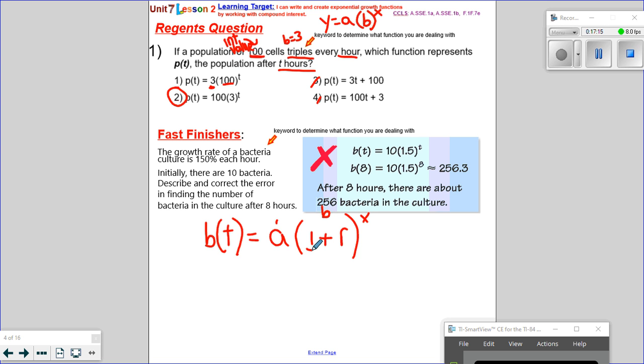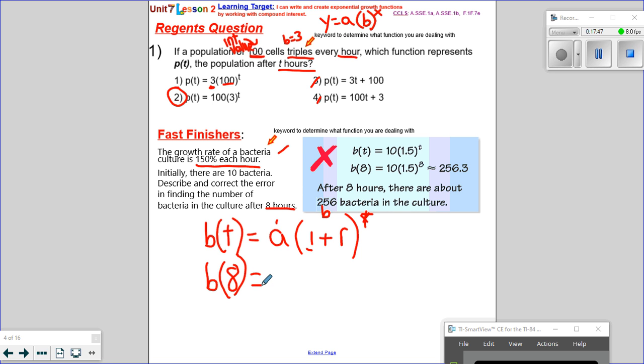So when it says the growth rate of the bacteria culture is 150% each hour, initially there's 10. So you start and you're going, all right, initially there's 10. So b to the t. You're going to put the t in. I'm sorry, I put this wrong. This is t. You're going to put the t in as 8 hours, right? You're going to substitute that 8.